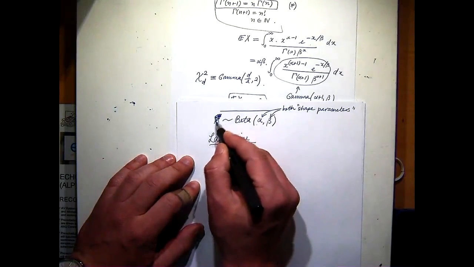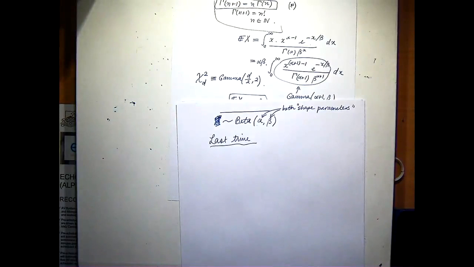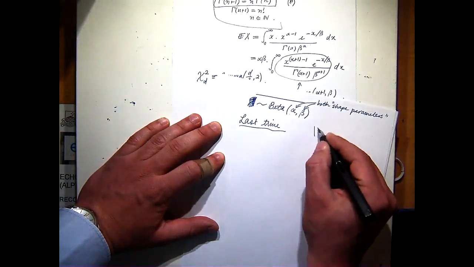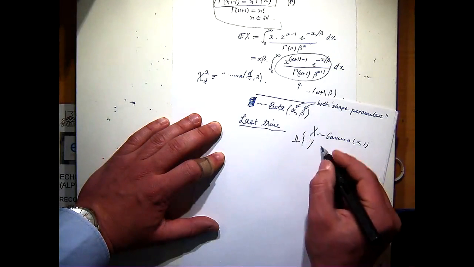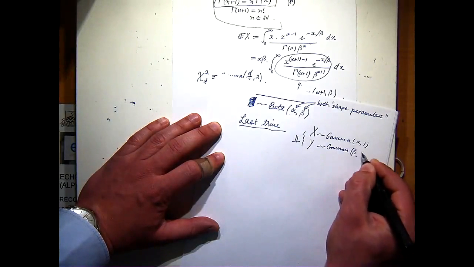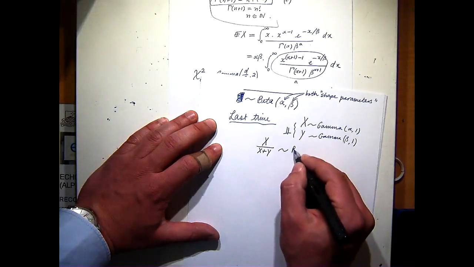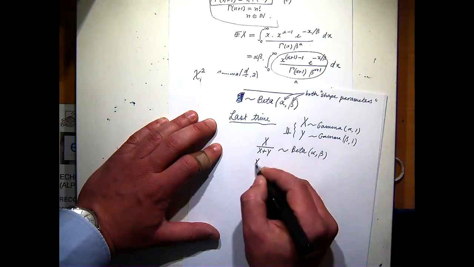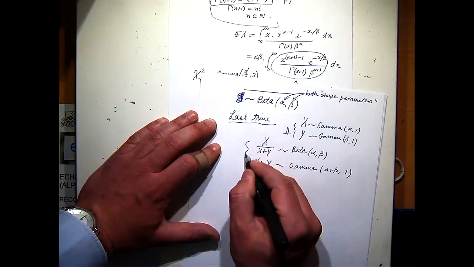Let me not reuse X, to match last time, U or V, I can't remember whether it was U or V. But last time we talked about how if X is gamma(alpha, 1) independent of Y, gamma(beta, 1), then X divided by X plus Y has the distribution beta(alpha, beta), and also X plus Y has distribution gamma(alpha plus beta, 1). And those are independent.